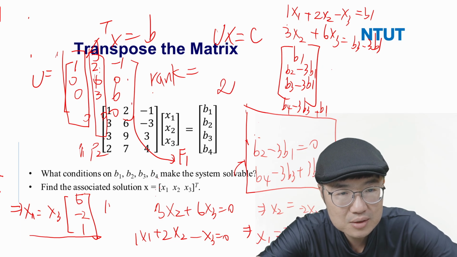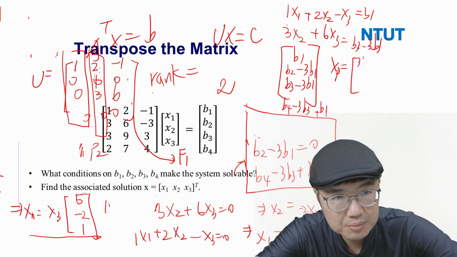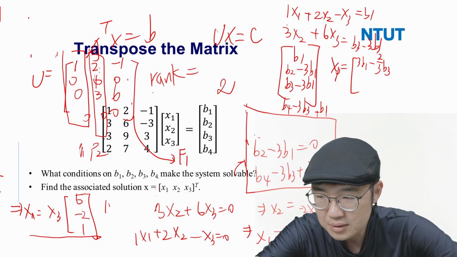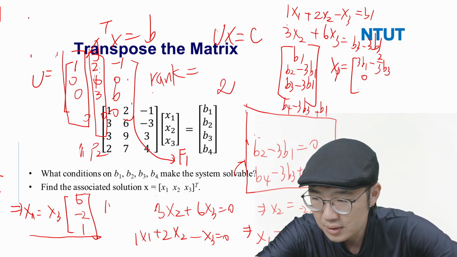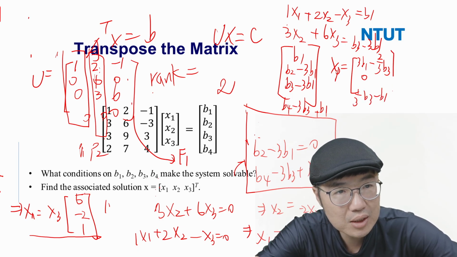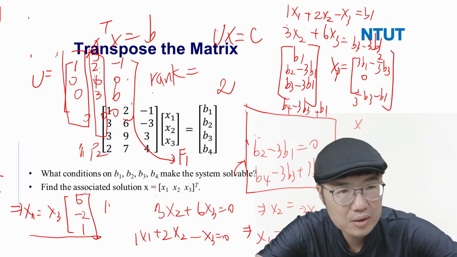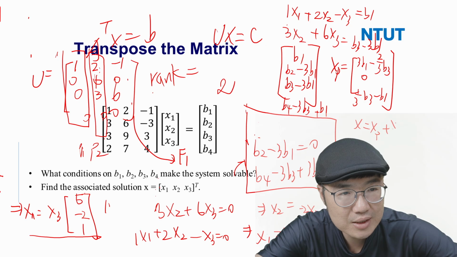So you do the math, you can get the xp part to be 3b1 minus 2/3 b3, and 0, 1/3 b3 minus b1. Yeah, and the overall solution is xp plus xn.